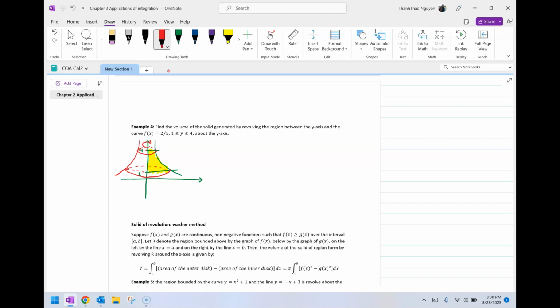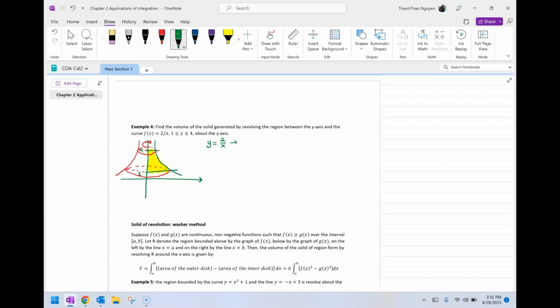Note that the cross section now is a circle, with radius f of x equal 2 over x. And since we are rotating about the y-axis, it is better to integrate with respect to y, right? So first of all, start with y equal 2 over x.